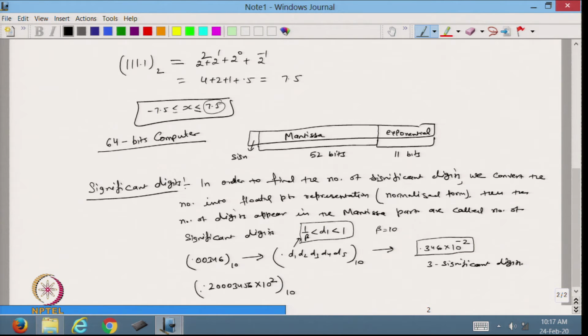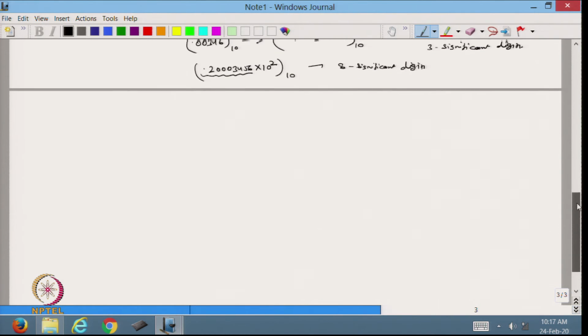This is already in the normalized form, and it has 6 significant digits. So, this is all about significant digits.